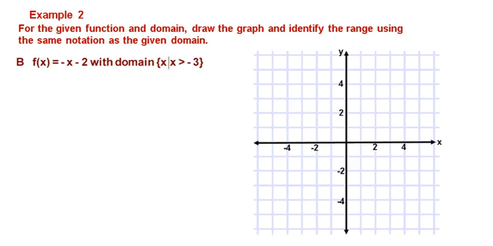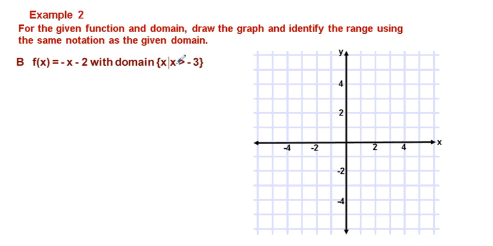Okay, next. B, f of x equals -x minus 2 with domain x such that x is greater than -3. Just take a hand at that. I'll work it out. First thing I'm going to do, like we did earlier, is substitute in.